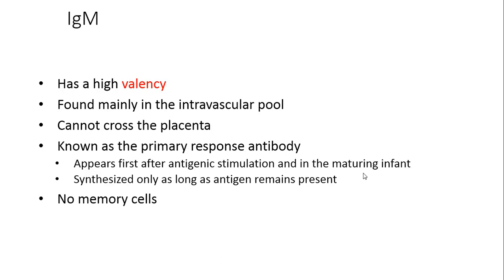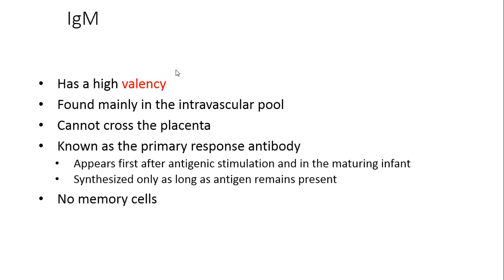With its 10 antigen binding sites, IgM is said to have a valency of 10, so it has a very high valency. And so even though the lock and key isn't a perfect fit, that kind of force of binding with 10 binding sites makes IgM a really effective immunoglobulin within the immune system. The weak lock and key is a measure of what we're going to talk about within the next 2 or 3 lectures, of what we call affinity, or the strength of the bond between them.